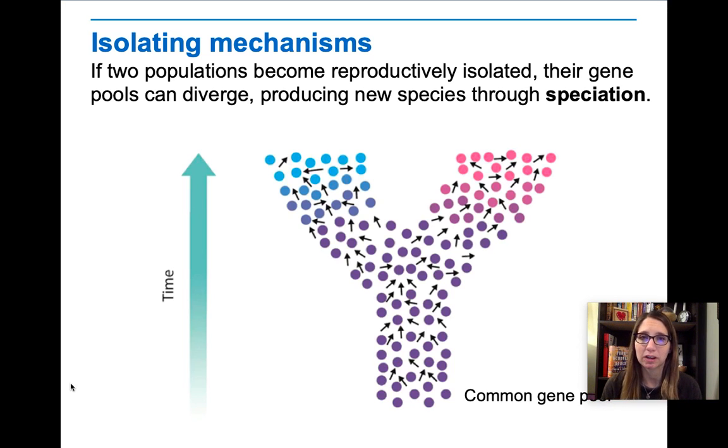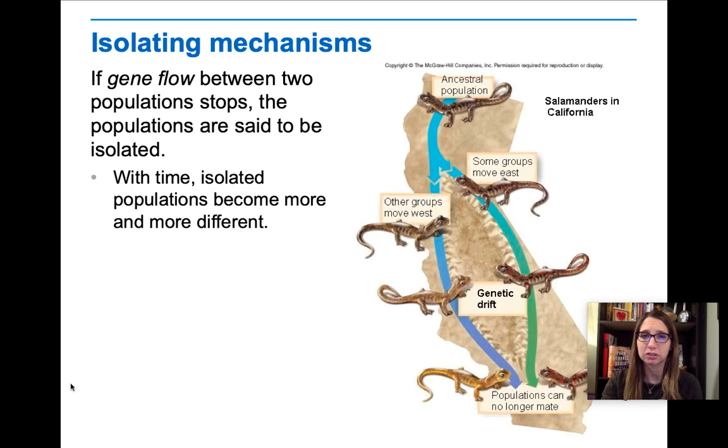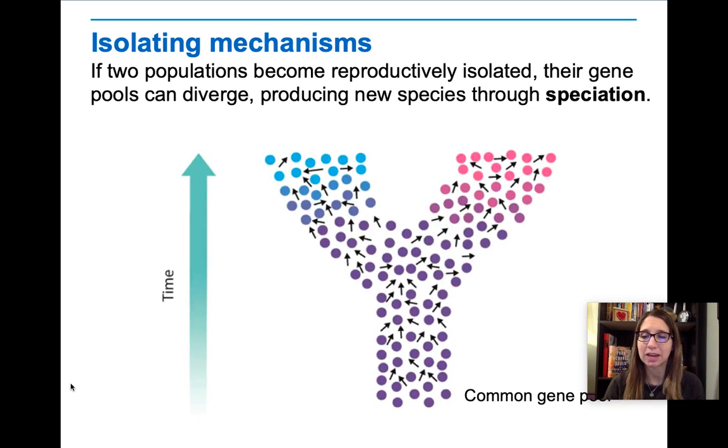And over time, what can occur as a result of that is our populations can become so different that they form into different species, just like we saw here on this slide, right? The different groups of salamanders are also different now that they can no longer mate, so they're considered different species. And that can happen really within any population if isolation occurs. But again, you have to have this factor of time that's also separating them, in addition to that lack of gene flow.